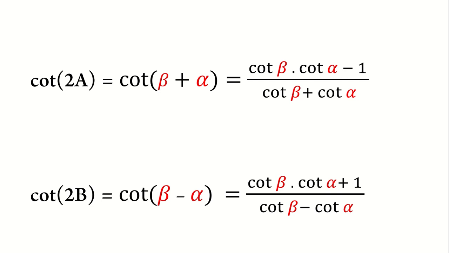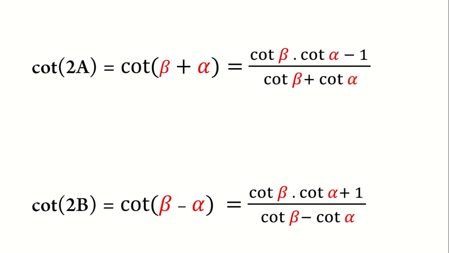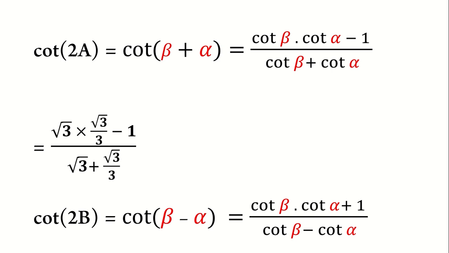And by doing this, we can convert all the cotangent of alpha into minus cotangent of alpha. Now we have every single part of this formula, cotangent of beta and cotangent of alpha, and we can get the results.